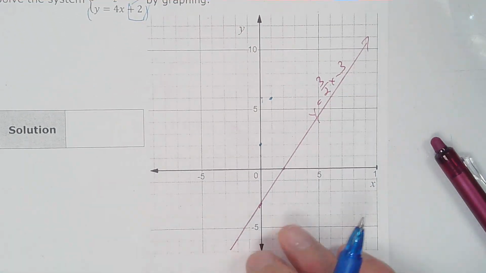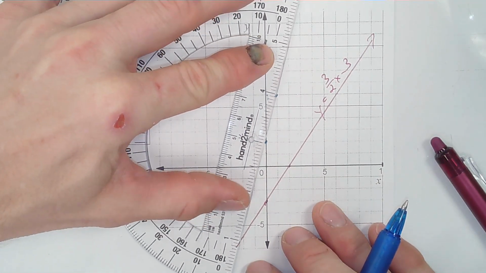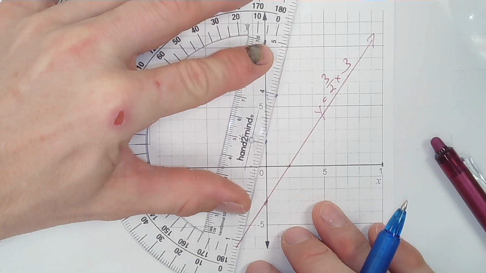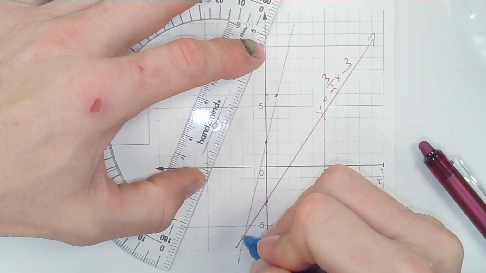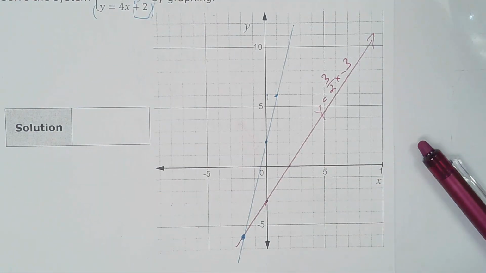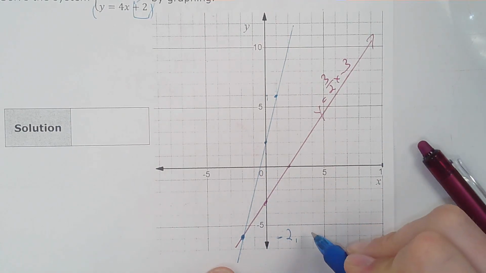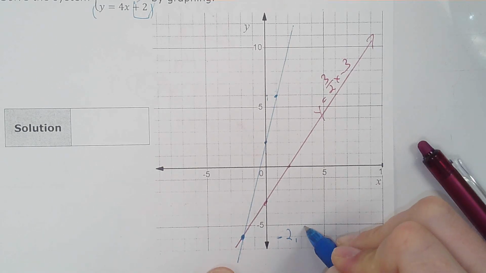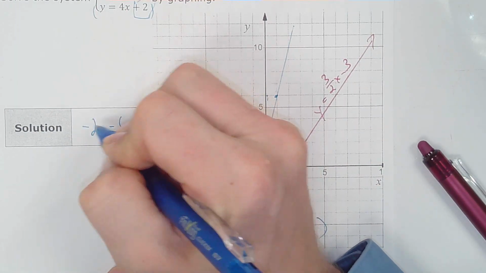Okay? So now I'm going to take this one here and line it up with this one. And where these two lines intersect is my solution. So you can say that this is going to be negative 2 and negative 6. Negative 2 and negative 6.